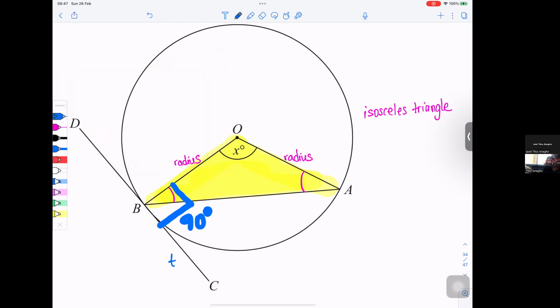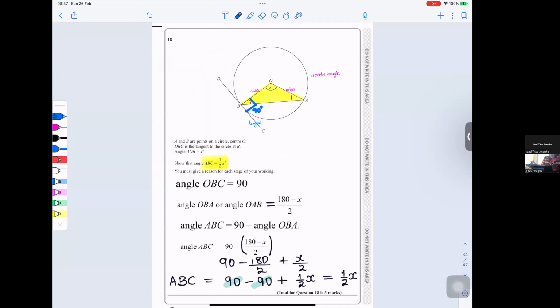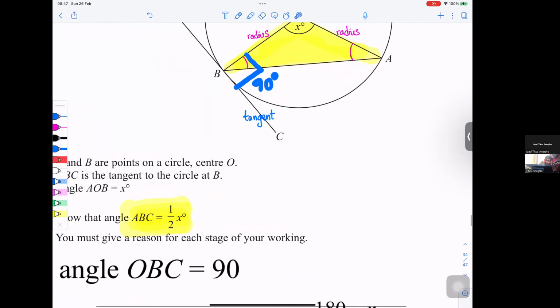So angle OBC, the letter B in the middle represents the angle, OBC is 90 degrees.